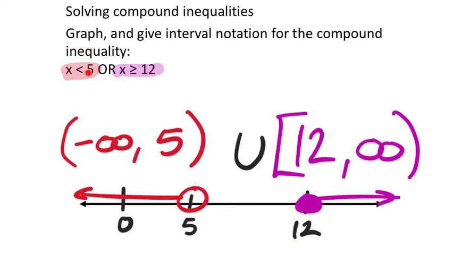Well, 10 is not less than 5, so that's false. 10 is not greater than or equal to 12, so that's false. These values in between 5 and 12 would make both statements false. And you could say, well, 5 makes it false. Yeah, but that's where this inequality transitions from being true to being false. And so that's the equal part of it. We need to know those equalities as well.